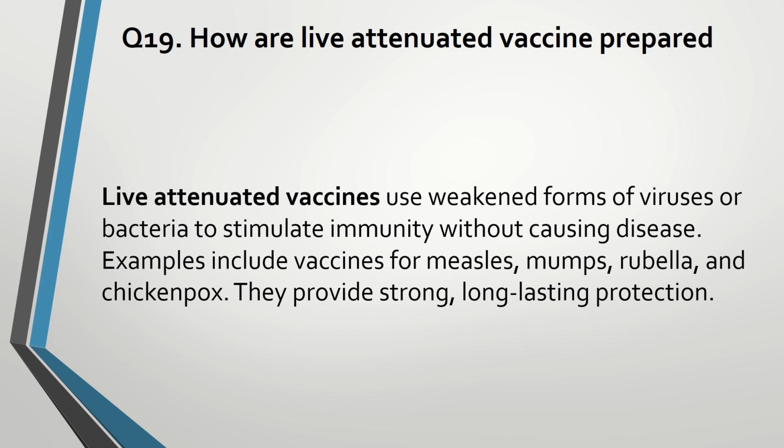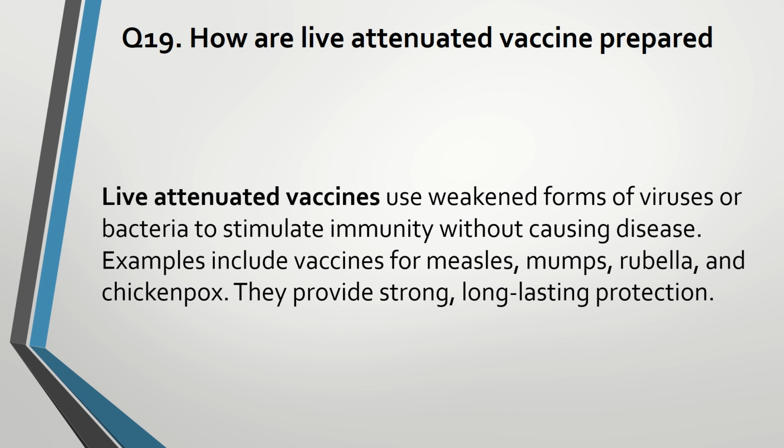Examples of those vaccines are the vaccines for measles, mumps, rubella, and chickenpox. They provide strong and long-lasting protection. As you know, for the vaccine for measles, for example, we take one dose of the vaccine, so it is long-lasting protection. So let's go to its preparation.